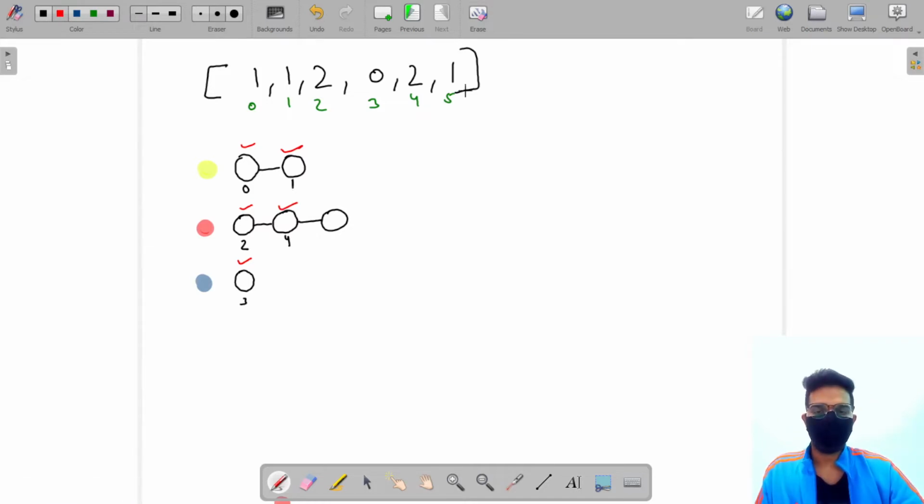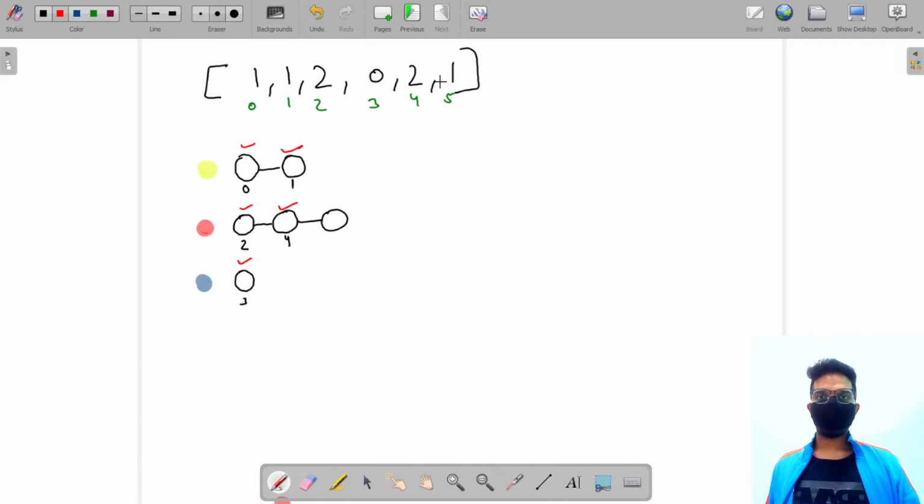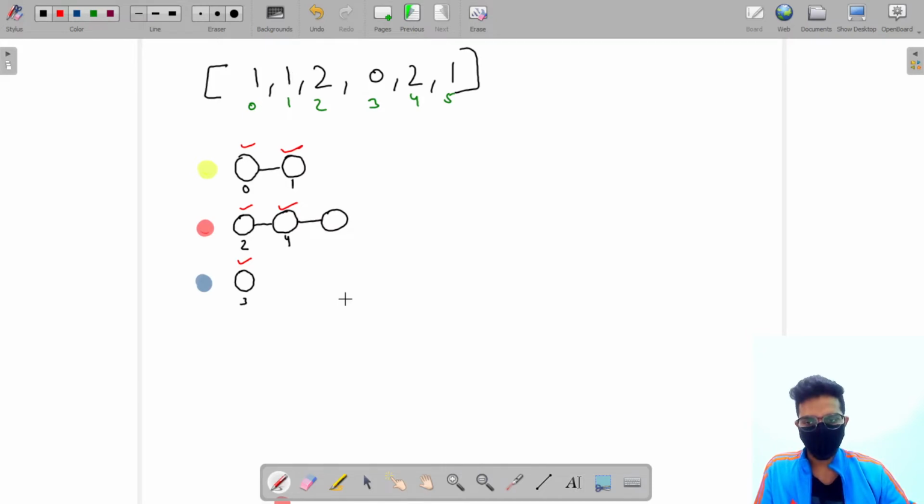Now we get to the fifth index, and here it says that there is one more rabbit that exists of my same color. But now this can't be part of this group, because here what we mean is that there is one more rabbit, but we already got that rabbit, right? So there can't be two rabbits, so this must be part of a different group of a different color.